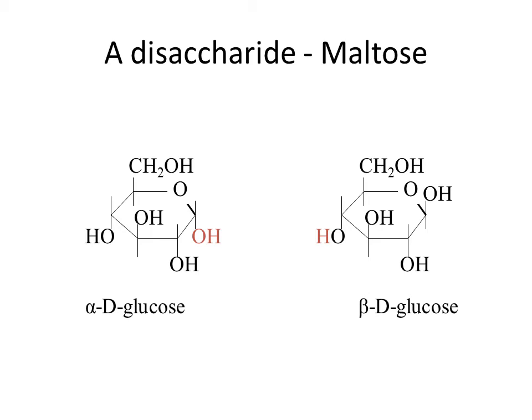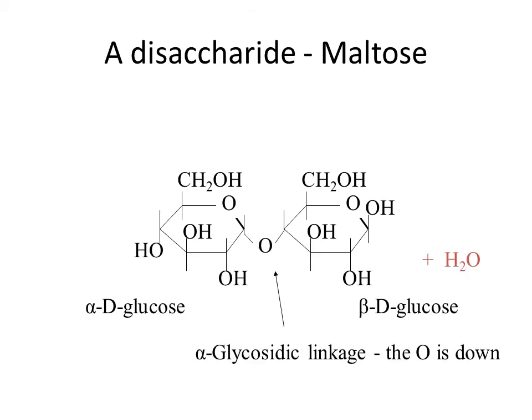The one on the right, the carbon that has both the hydroxyl group and the oxygen in the ring on it has the hydroxyl group up. So that's beta glucose.